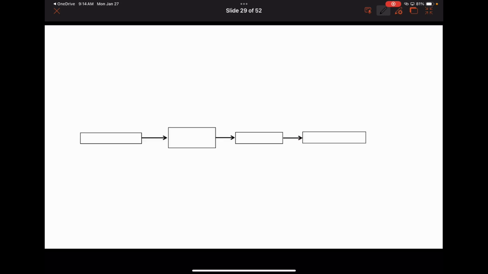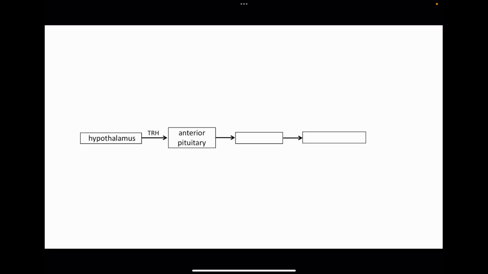Okay. So the flow chart for thyroid hormone is that we have the hypothalamus produces thyroid releasing hormone. That's going to target the anterior pituitary and cause it to release thyroid stimulating hormone. And then thyroid stimulating hormone targets the thyroid gland to produce our thyroid hormones.